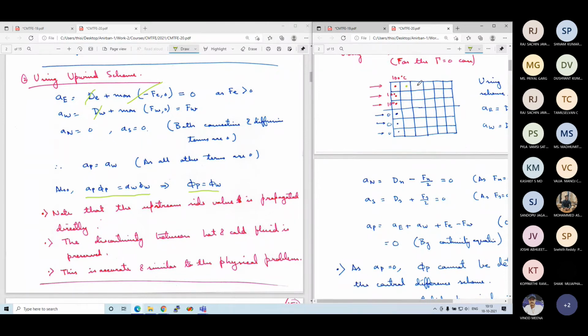Okay, no influence of east point or north or south. So this also becomes 100 degree centigrade because this is 100 degree centigrade. Similarly, this point phi P is equal to phi W. So this is equal to this. So this also becomes 100 degree centigrade. This also becomes 100 degree centigrade. This becomes 0 degree centigrade. This is 0 degree and this is 0 degree. Okay. Because again of the same reason that phi P is equal to phi W.